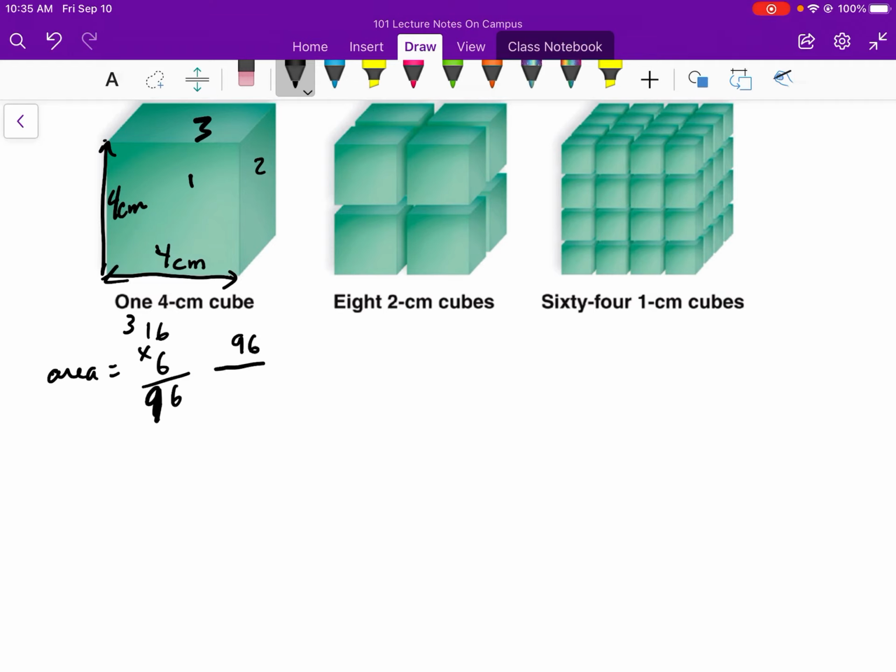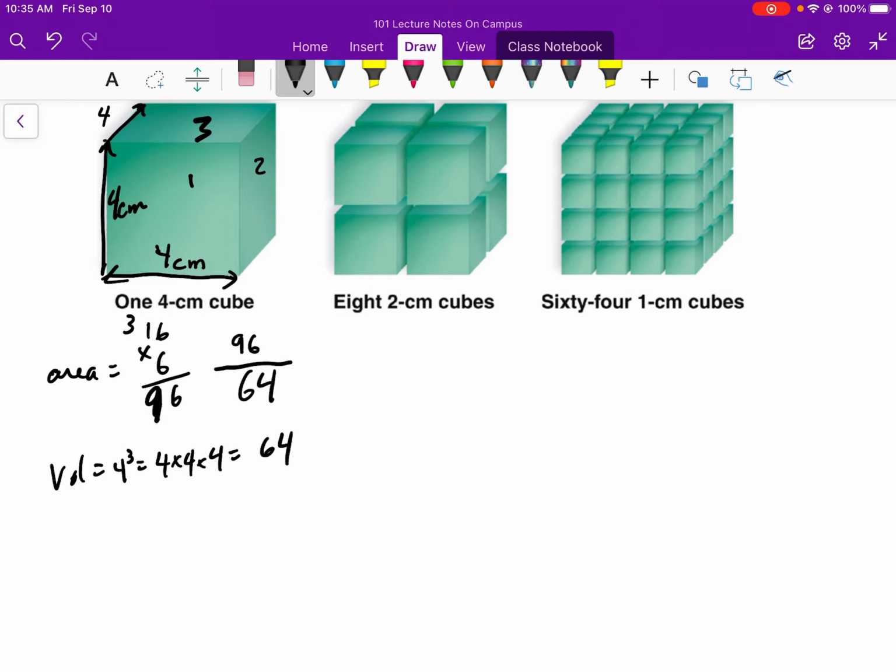All right, and the volume of this cube is going to be equal to 4 times 4 times 4. So we go length times width times depth over here. So that is 4 to the 3rd, which equals 4 times 4 times 4, which equals 64.